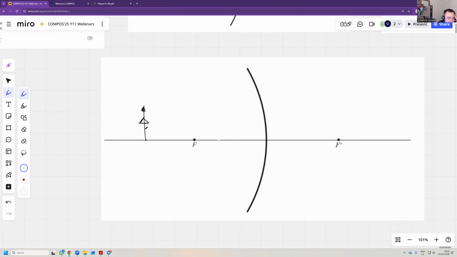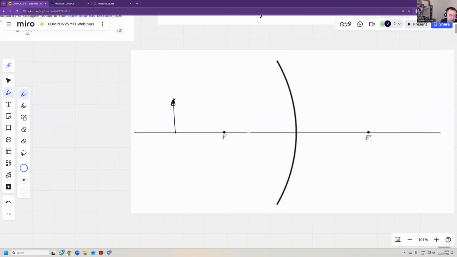I like to think of it like a Christmas tree. So when I draw an arrow pointing up, I mean a Christmas tree. Now, light from that object will hit the mirror.